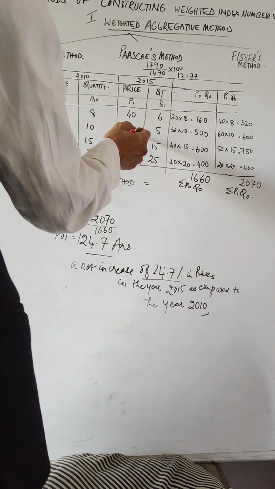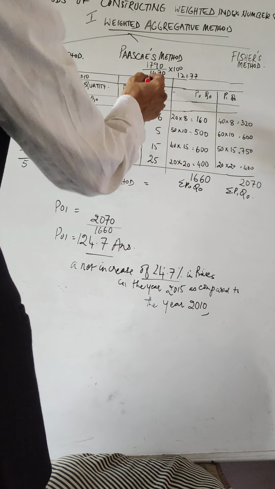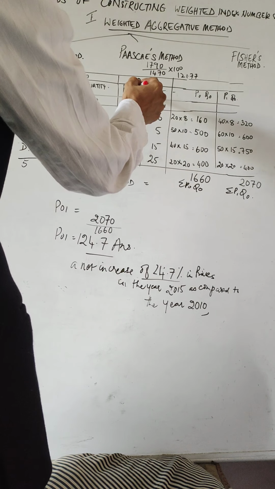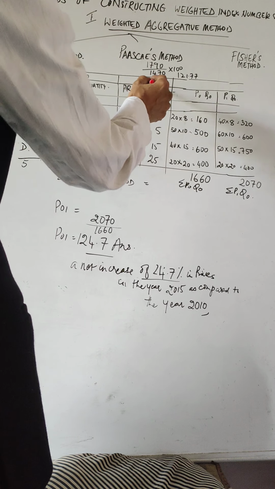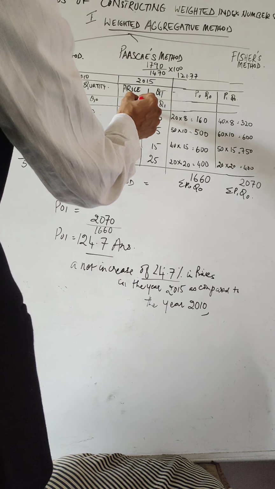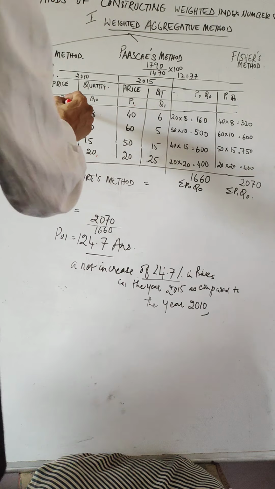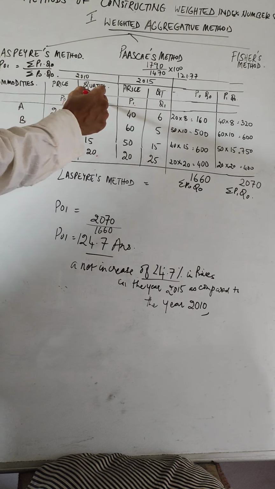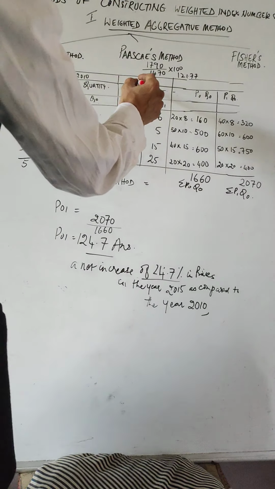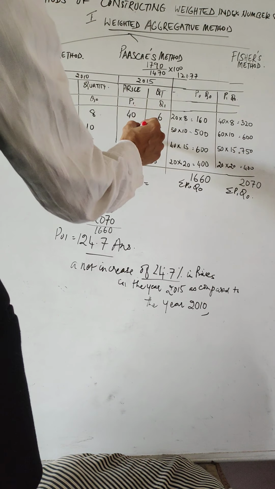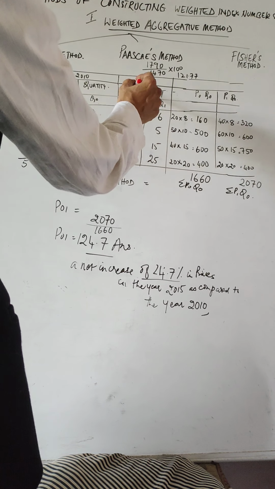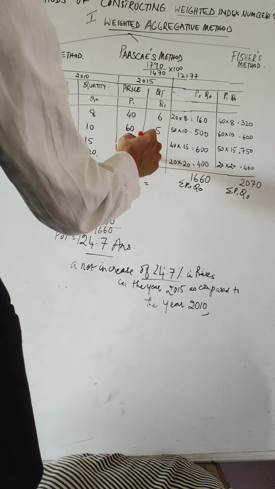Alright. So here again the price in 2015, we'll call it the current year price, P1. This was the base year price, P0, and the base year quantity, Q0. Now the prices are 40, 60, 50, 20. So this is the price in the current year.